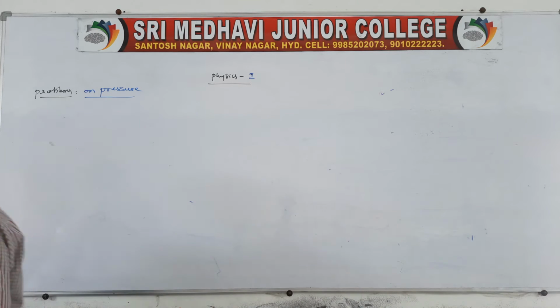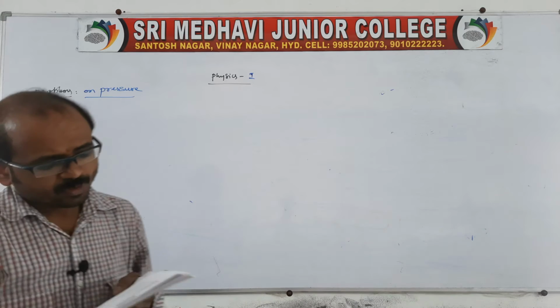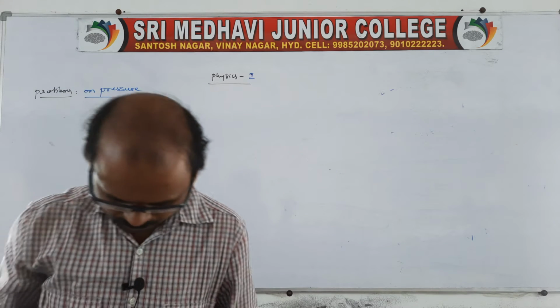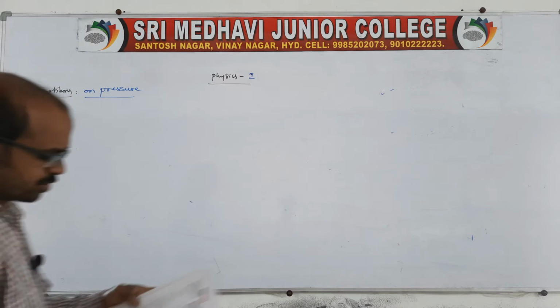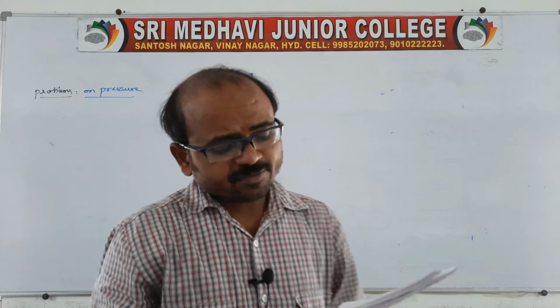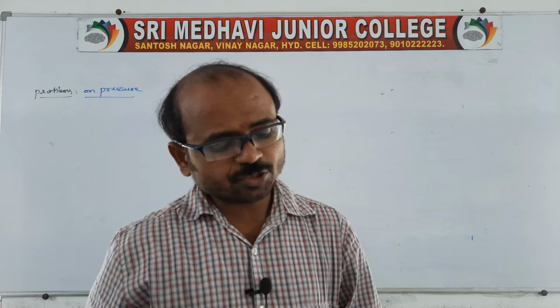Now the next question, the third question. Look at it: the density of the atmosphere at sea level is 1.29 kg per meter cube.